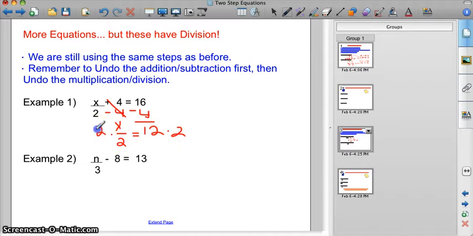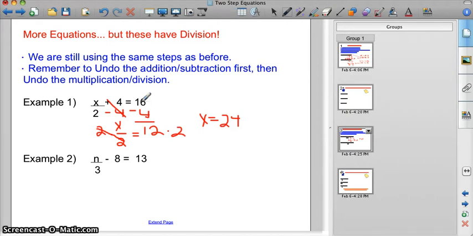Two and 2 cancel out to 1, so I'm left with x. 12 times 2 is 24. So my answer is x equals 24. If I check and put this back in for x, I would have 24 divided by 2 is 12 plus 4 equals 16, and I would know that it was the correct answer.